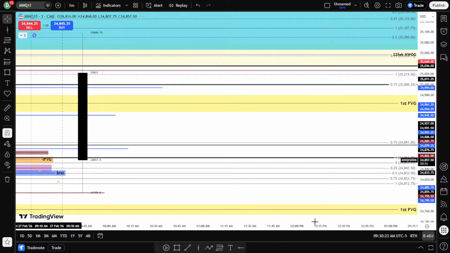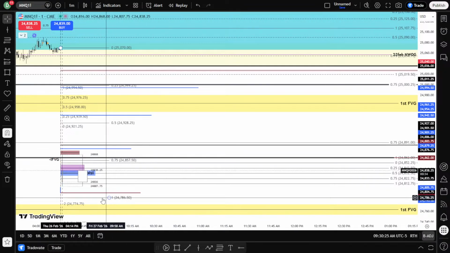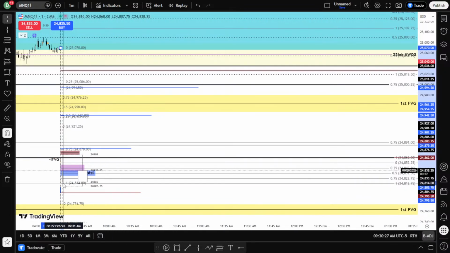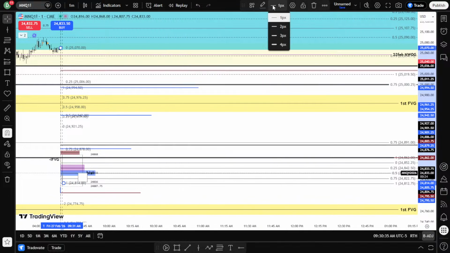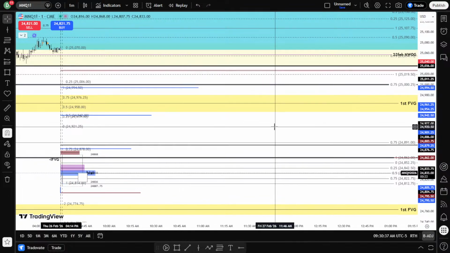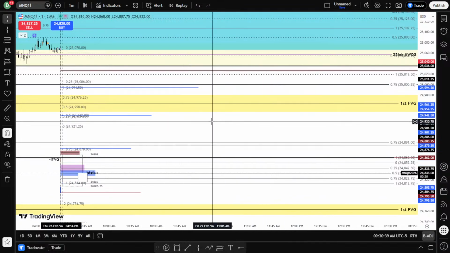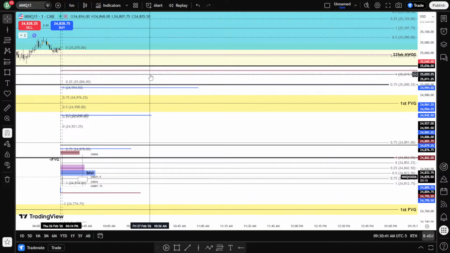Let me go back to the regular trading hours and let me just put it right here. Let me make it dotted so it can be visible.